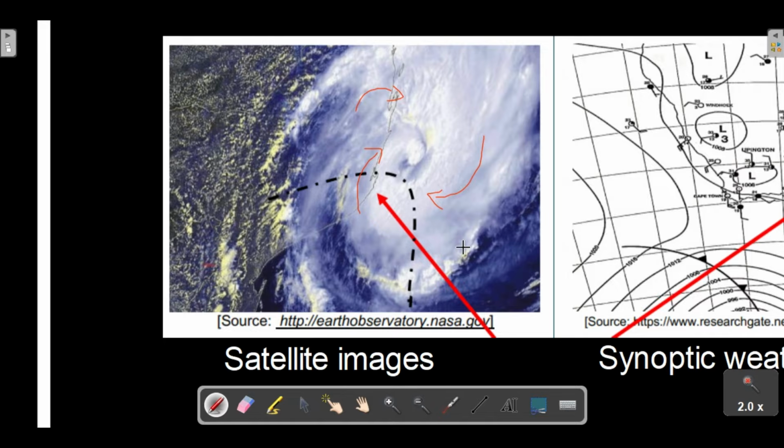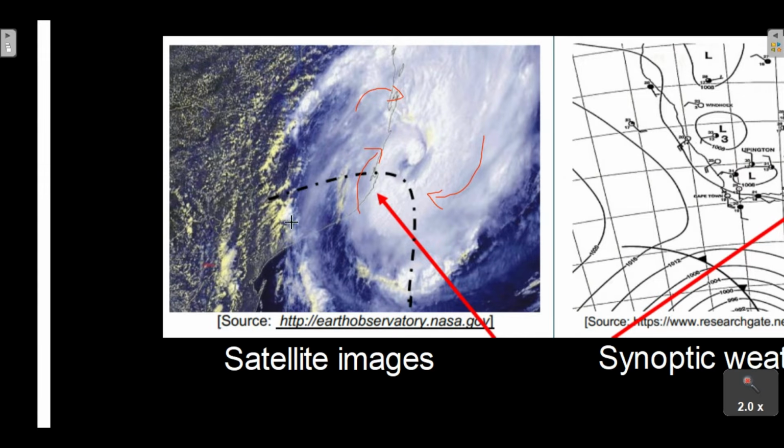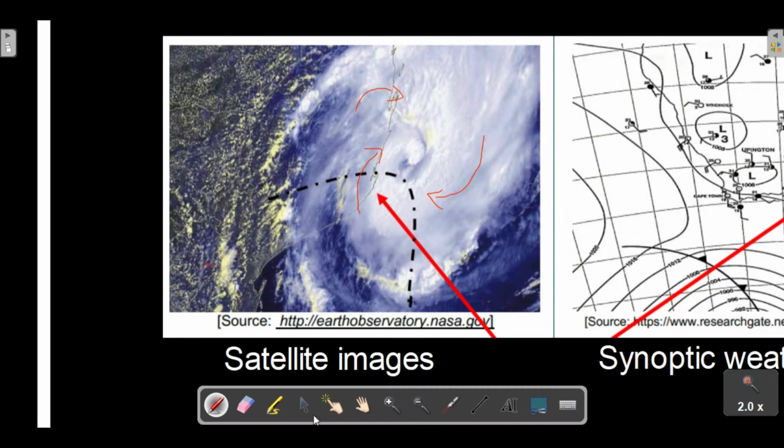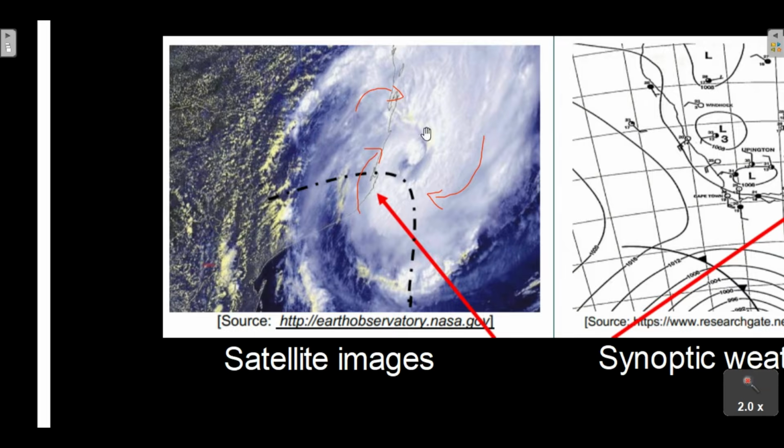Those are the types of questions you would get when presented with a tropical cyclone satellite image. Be aware of those questions, expect them, and be able to identify this as a tropical cyclone.